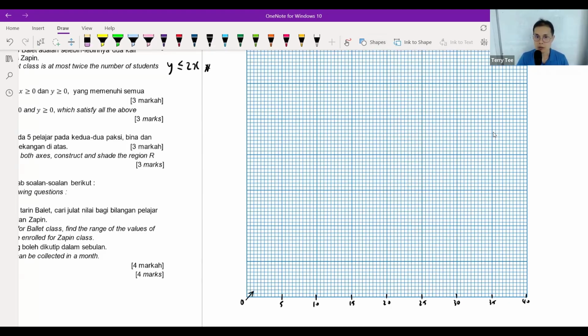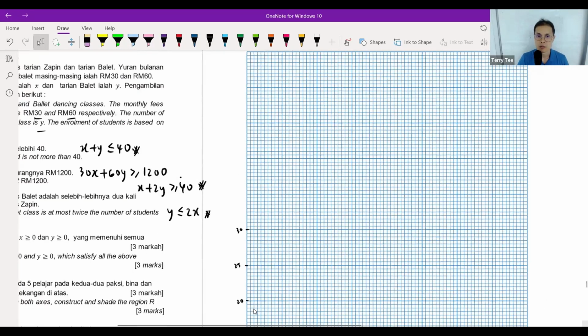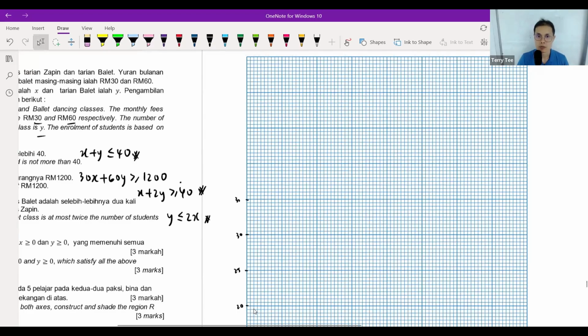Let's draw the axes as well. So this is your x-axis. Let me adjust this. Okay, this is the x-axis, and we do a y-axis there. This is 5, 10, 15, 20, 25, 30, 35, 40.